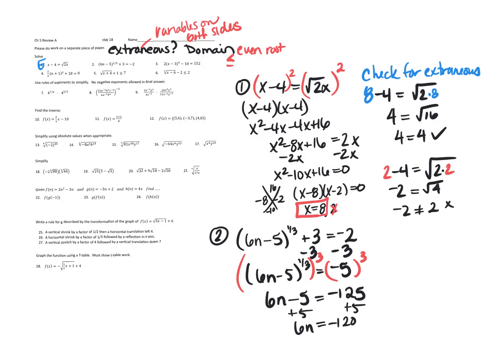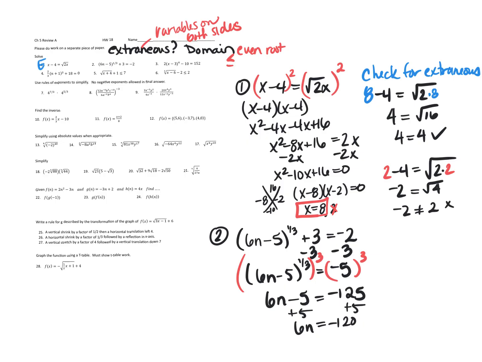All right, number 2. (6n minus 5) to the 1/3 power plus 3 equals negative 2. So I need to get the parentheses and the exponent by itself. So I'm going to subtract 3. Get (6n minus 5) to the 1/3 equals negative 5. Now remember the fractional exponents are the roots.